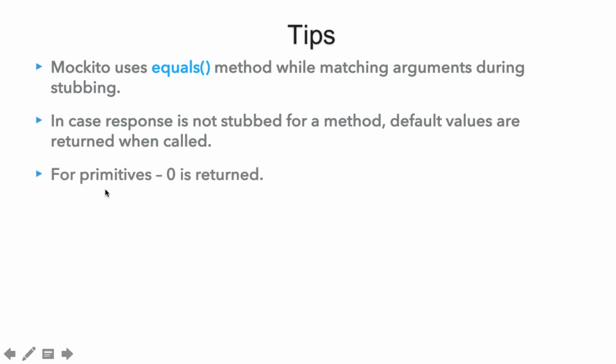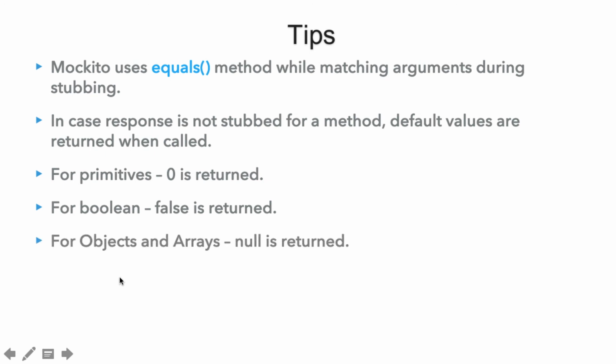If the return type is a primitive, 0 will be returned. If it is a boolean, then false is returned. If it is an object or an array, then null is returned. And if it is a collection, then an empty collection is returned. In our next lecture we'll see the demonstration of all of this.